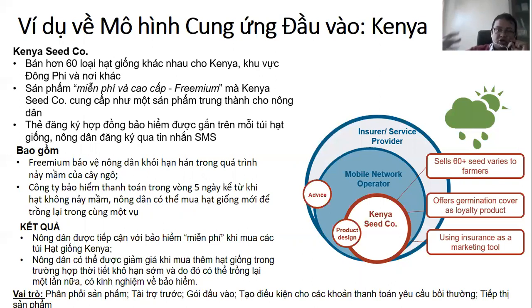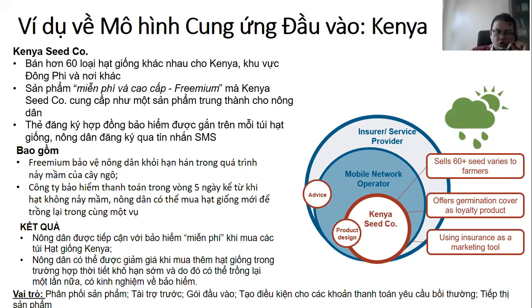It's bundled within the cost of the seeds itself. For doing this, they also used mobile technology. For example, farmers could register for the product by using a policy registration card and SMS.